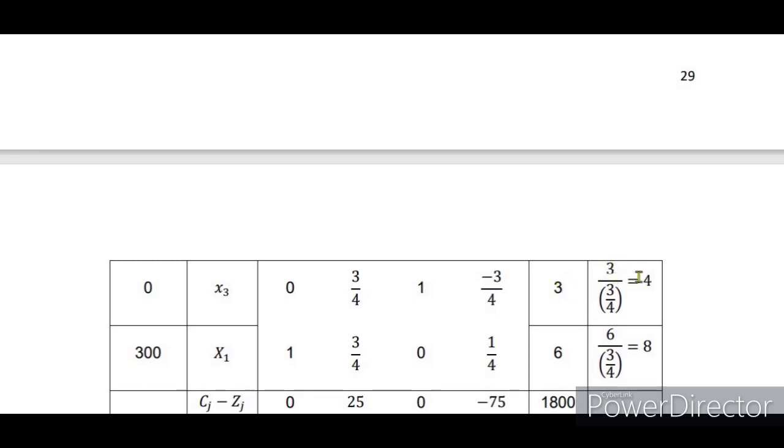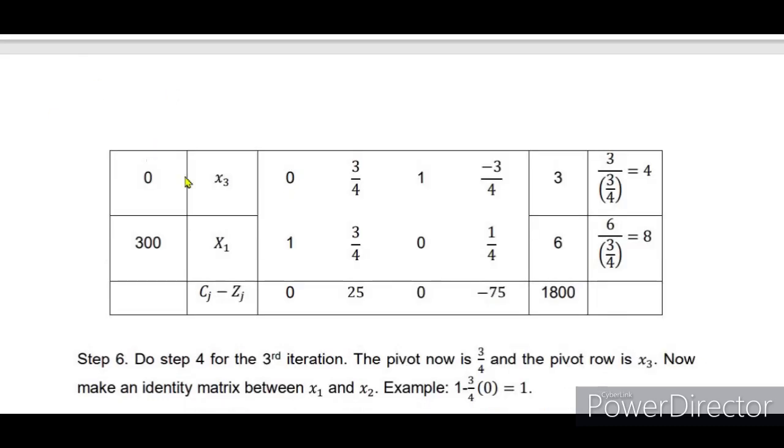So, 3, the numerator, divided by the intersection of x sub 2 and x sub 3, which is 3/4. So, 3 divided by 3/4 is equal to 4. Next, for the x sub 1 row, the numerator is 6 because it is the value in the RHS. So 6 divided by the intersection of x sub 2 and x sub 1, which is 3/4, is equal to 8. Okay? So now we will choose to enter 4 because it has the smallest positive value of theta.